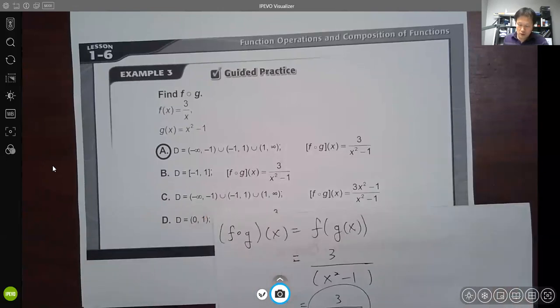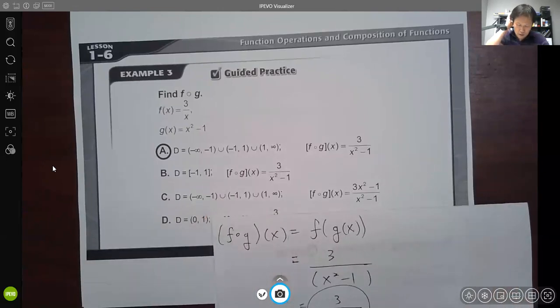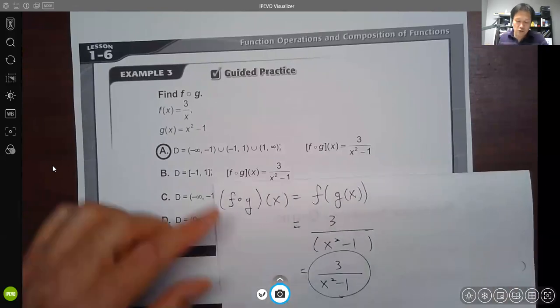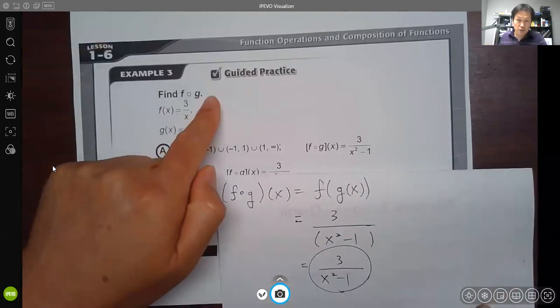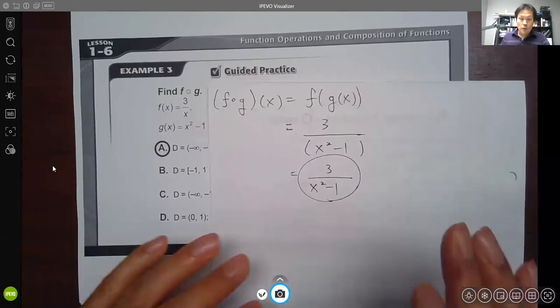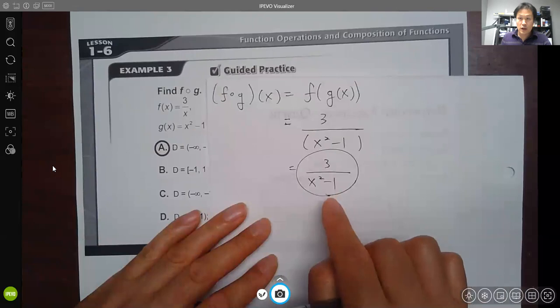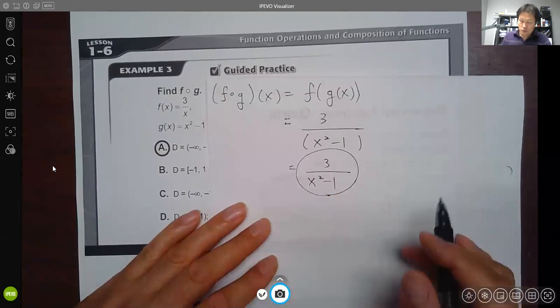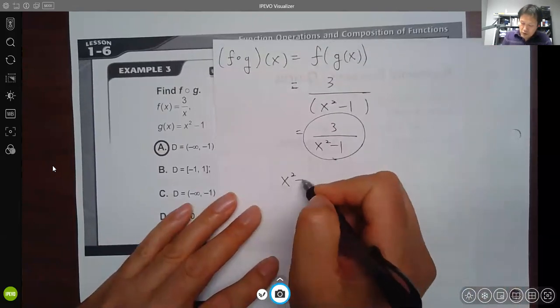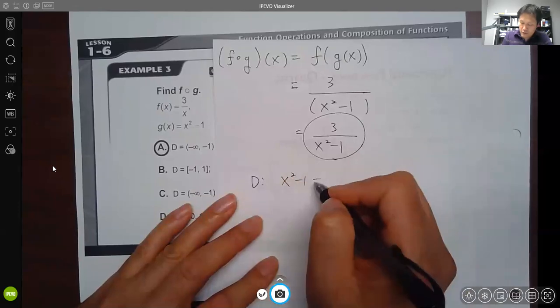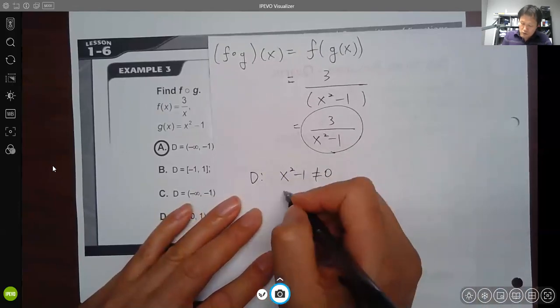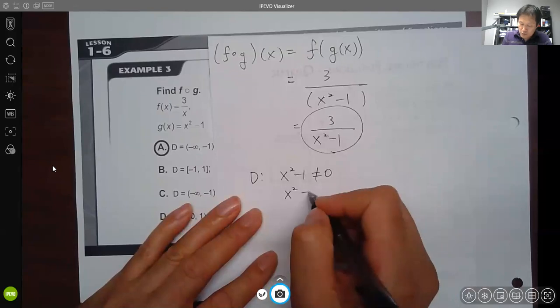And the domain. So we are supposed to find the domain as well. This is our first style. We have a rational function. Denominator cannot equal 0. So you say the denominator, trying to find the domain, cannot equal 0. So x squared minus 1 cannot equal 0, add 1 to both sides.